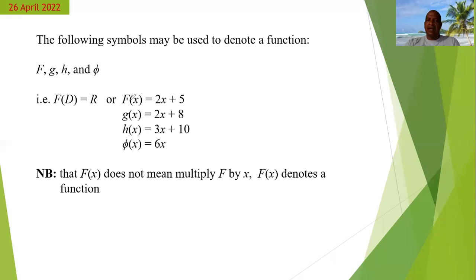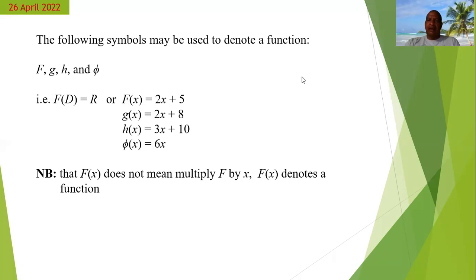This is just a symbol that tells you that we have a function f of x, a function g of x, a function h of x, a function phi of x. So once you see these symbols, we are not multiplying what is outside by what is in the brackets. All right, guys. So it's important to bear that in mind.